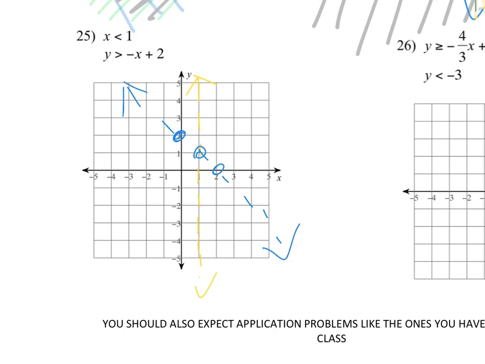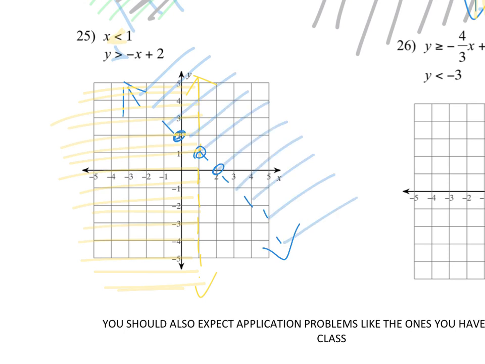For the yellow, x is smaller than 1, so all the numbers that are smaller than 1 are that way. And then for the blue, y is greater than negative x plus 2, so that means we've got to color up. So the sweet spot, the solutions to those two inequalities, is right there where they overlap.